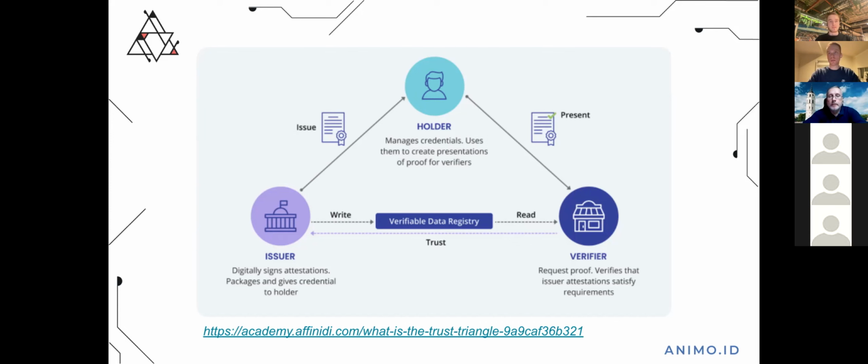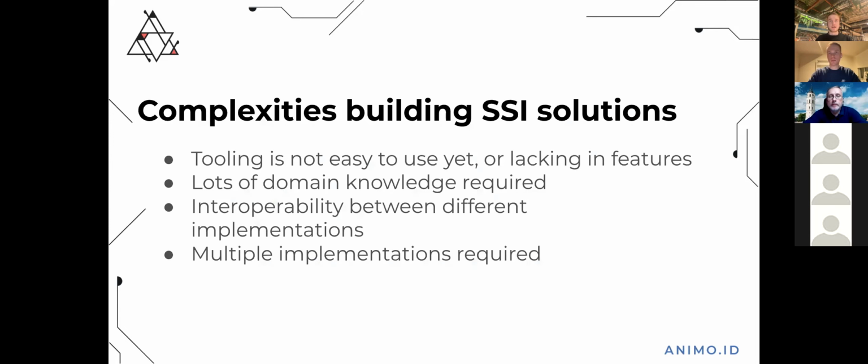I think SSI is great, but if you're familiar with it, there are quite a lot of complexities in building SSI solutions. I think you have two ways you can go. You can go with a proprietary solution, and in general they provide an easier setup because that's their goal.